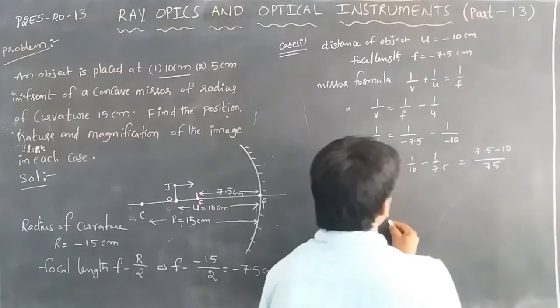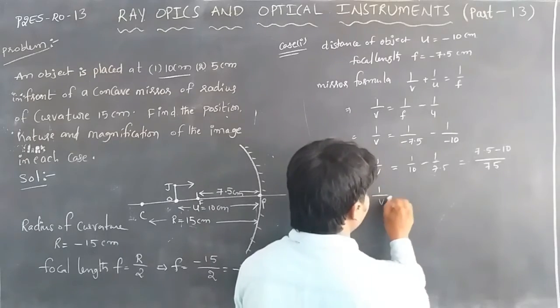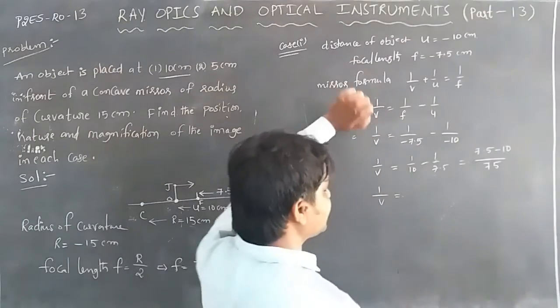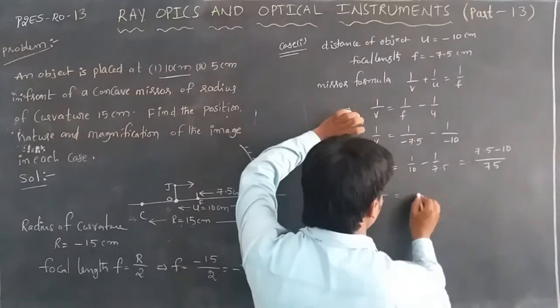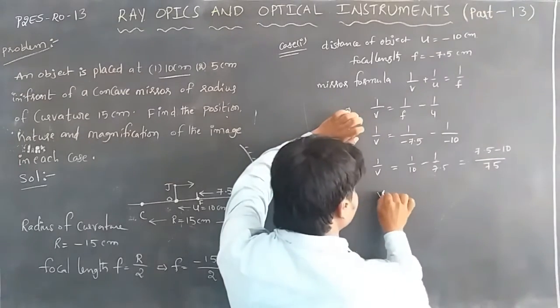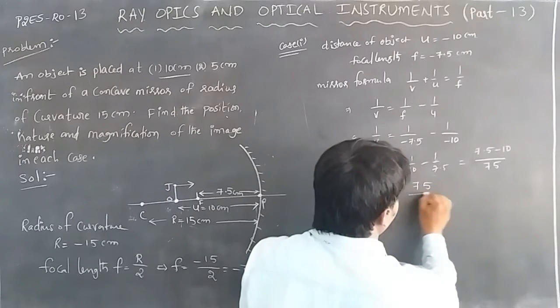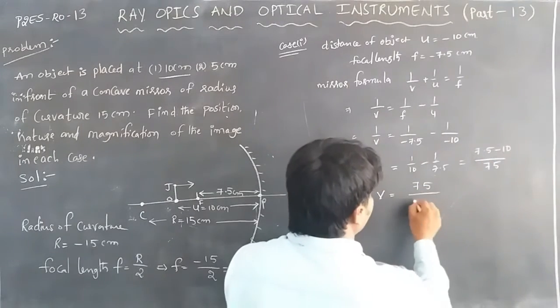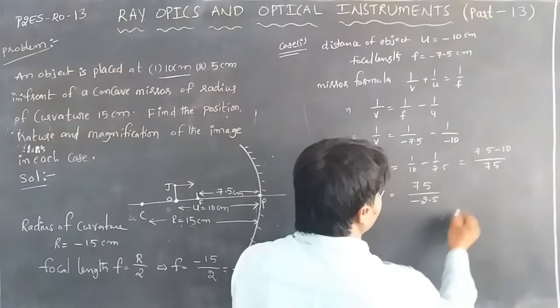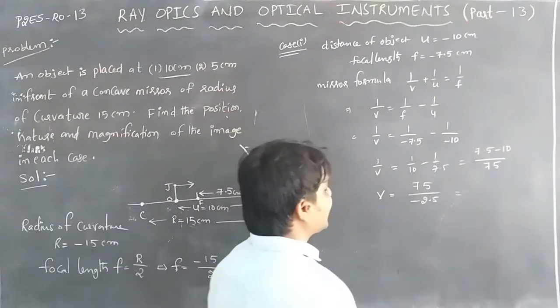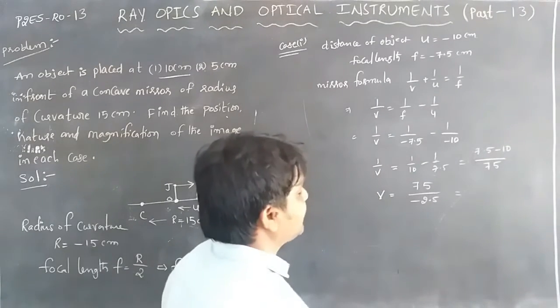From that relation we can get the value of 1 by v. Reversing this, 1 by v is equal to 1 by 7.5 minus ... 2.5, and by calculating this we get the value.